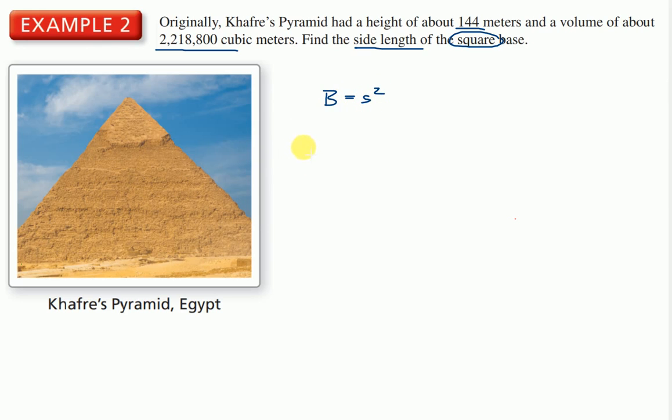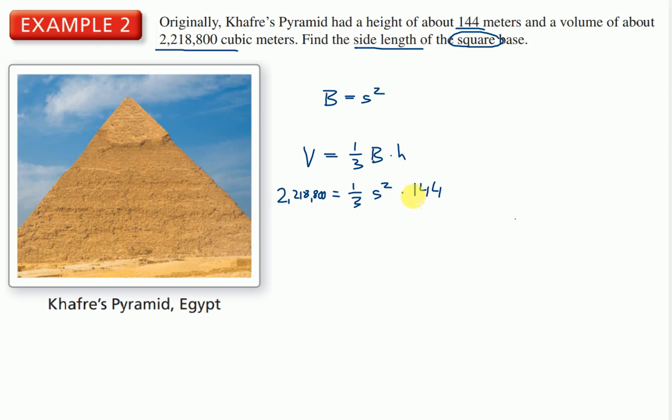Again, volume is 1/3 base times height, and we can replace base with side squared, so we have 1/3 side squared times 144, and on the other side we have 2,218,800.